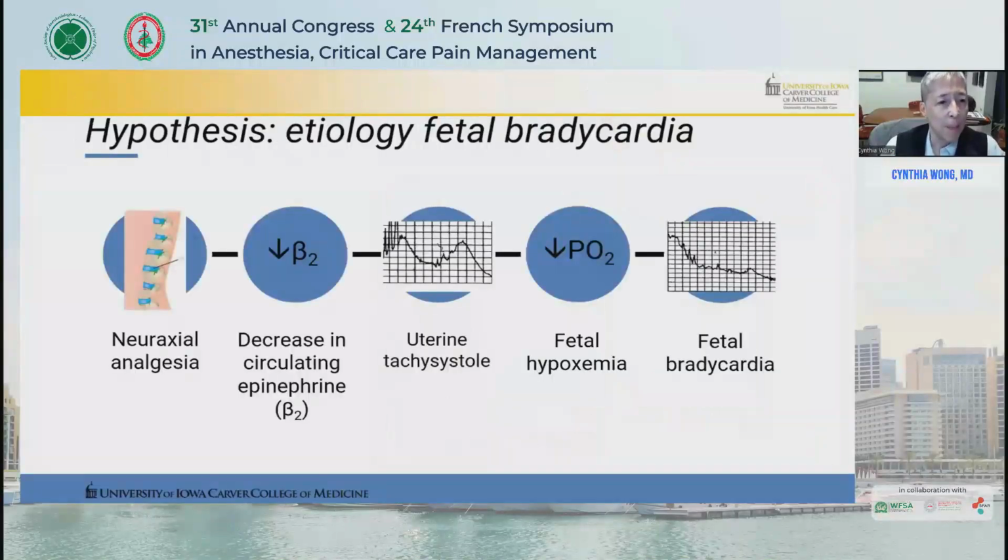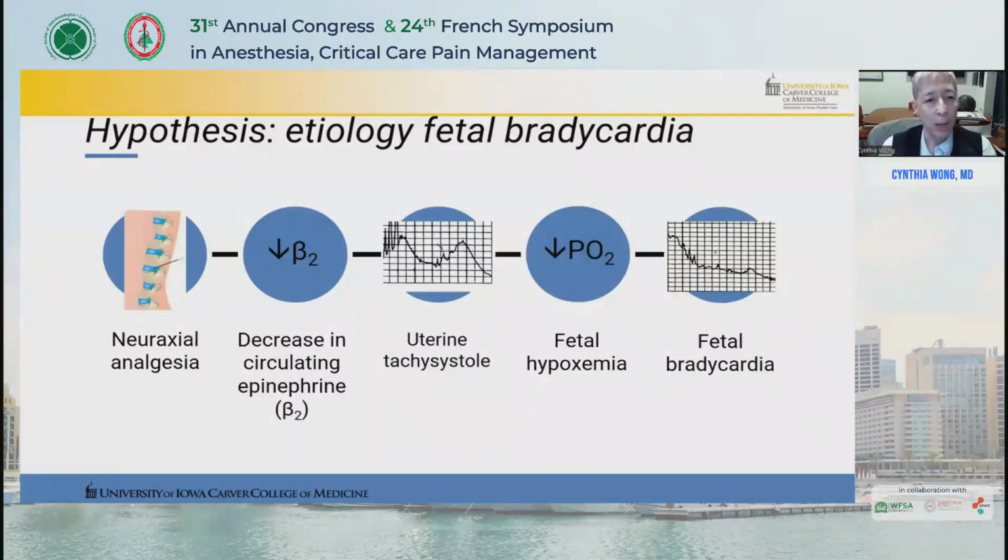Well, what we think is happening is that when we have a decrease in circulating epinephrine, the beta-2 effects of the epinephrine go away. What are the beta-2 effects on the uterus? It causes the uterus to relax. And you can imagine we've got this sort of competition going here where we have circulating oxytocin that is causing the uterus to contract, and circulating epinephrine, which is causing the uterus to relax through its beta-2 mimetic actions.